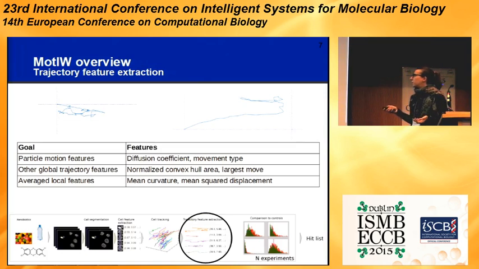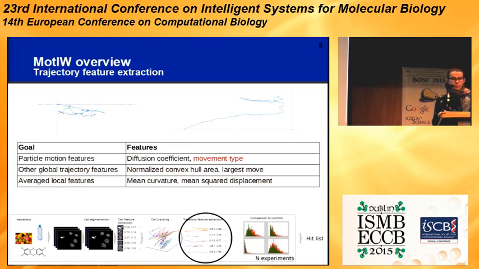First of all, we're going to be interested in particle motion information about the cell, namely, for example, its diffusion coefficient. Other global trajectory features would be the convex hull that the cell covers on its track. And finally, other information will be average local features such as the mean square displacement.